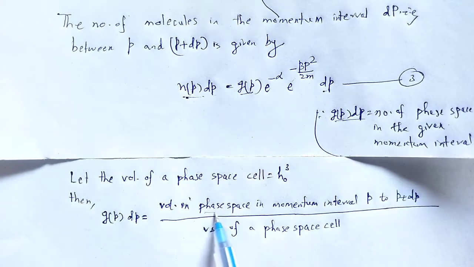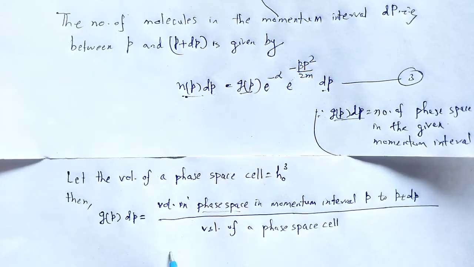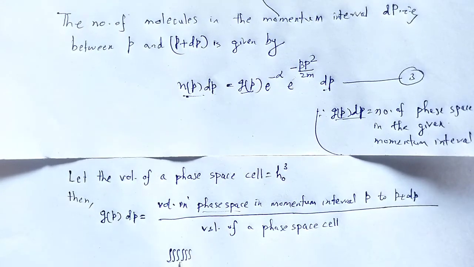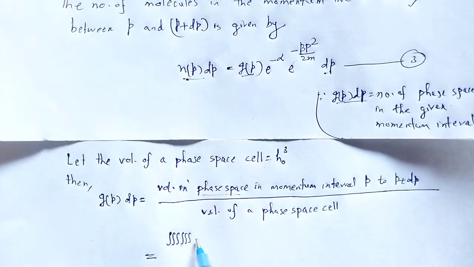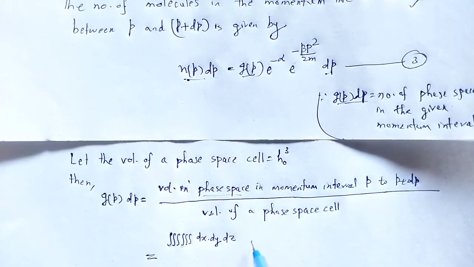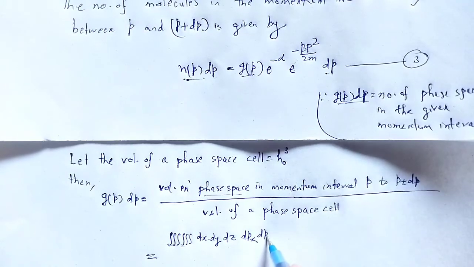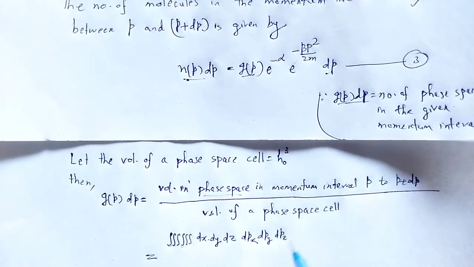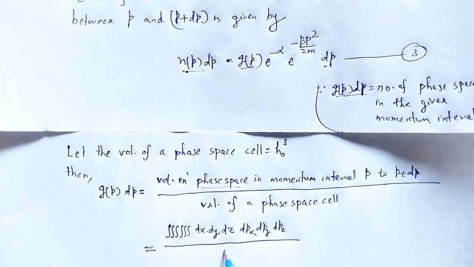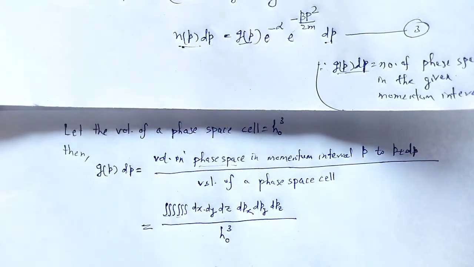We know that in phase space we take 3 position coordinates and 3 momentum coordinates. So the volume will be a 6-fold integration, 3 for position, dx, dy, dz, and for momentum, dpx, dpy, dpz, divided by the unit phase space volume h naught cubed.